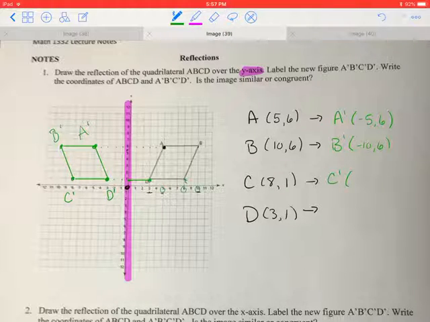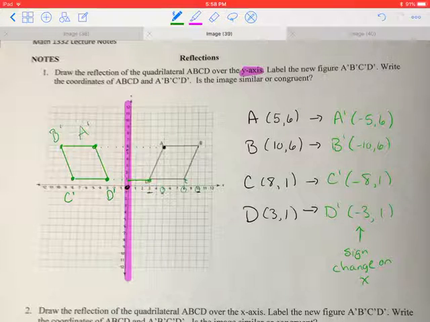C prime will be left 8 and up 1. D prime is left 3 and up 1. So what you might notice here is from the original to the new, what happened is we got a sign change on the x. So this is what happened when we reflected over the y-axis.